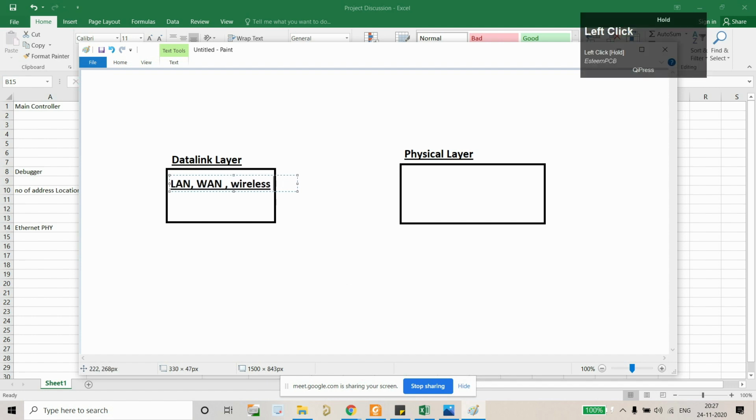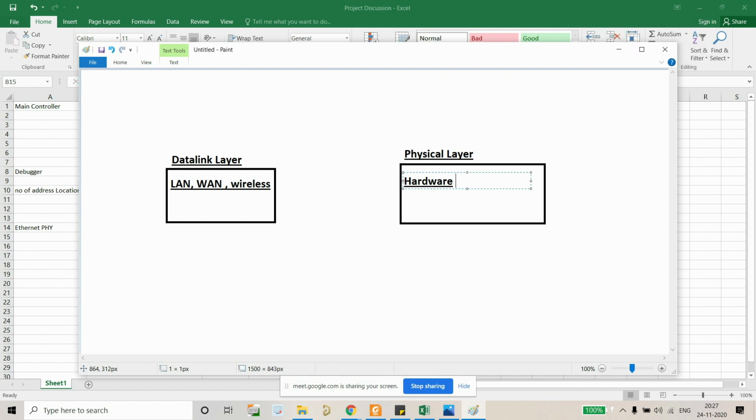These come under the data link layer. Now what comes under the physical layer? Under the physical layer we have our hardware. It can be any normal hardware or any PCB design which is connected, or anything which is generating raw data.